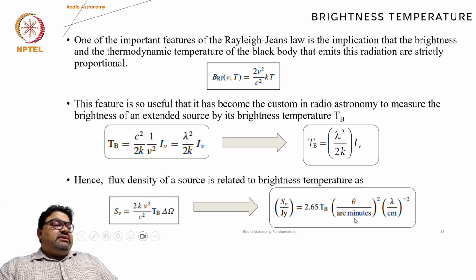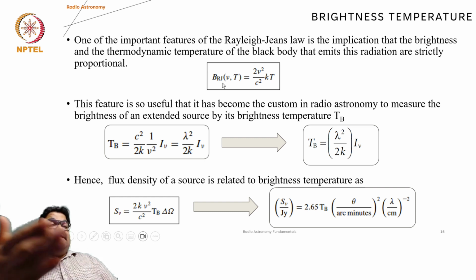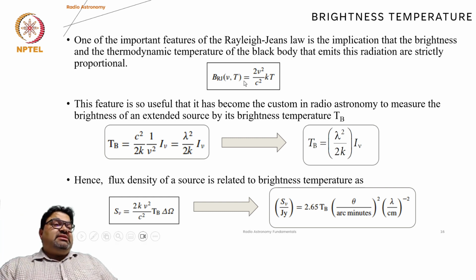Okay, so this is the very useful tilt. We have the spectral radiance in the Rayleigh-Jeans limit, which is proportional to the temperature and nu square, and from there you define the brightness temperature in terms of specific intensity I nu, both in terms of lambda as well as nu, and then derive what the flux density will look like for an extended source.